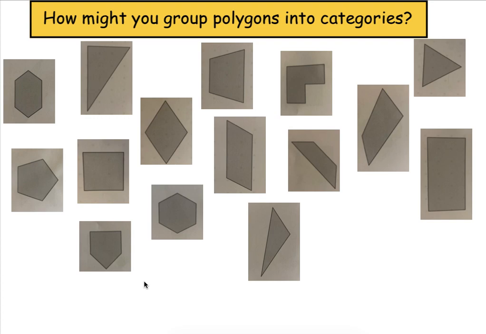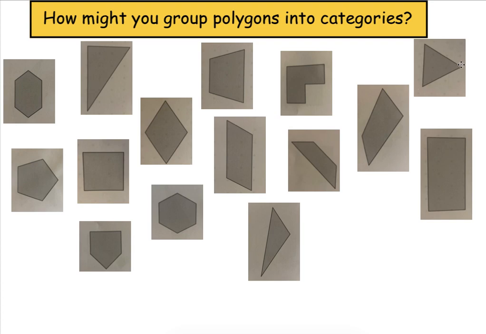Okay, so if you took a moment to really analyze these shapes carefully, you might notice, for example, this shape here has three sides. If I look around, I might find another shape over here that also has three sides, but not only three sides, three corners, angles, or vertices.